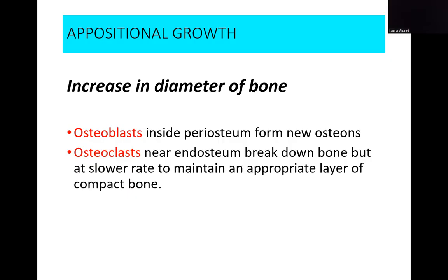So, yes, the compact bone rim is going to get thicker, but what's really going to get larger is the medullary cavity. And as you get older, especially while you're still a child, you want that area to expand. You want more red bone marrow there, because you need to make a lot of blood cells, for the red blood cells that are dying off every 120 days, which is normal.